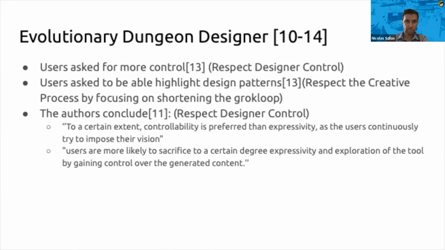In the end of our survey, the authors conclude, to a certain extent, controllability is preferred over expressivity, as the users continuously try to impose their vision. And they continue, users are more likely to sacrifice to a certain degree expressivity and exploration of the tool by gaining control over the generated content. Thus, we are back at Lambie's statement that manual creation strengths are PCG's weaknesses.